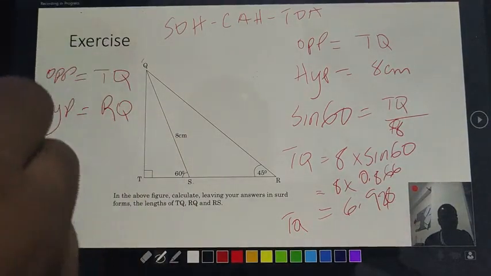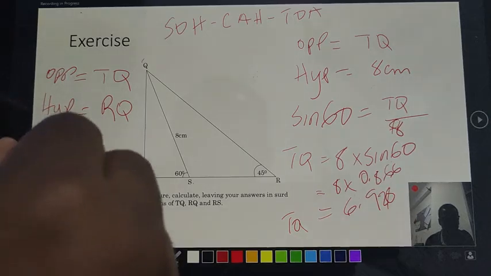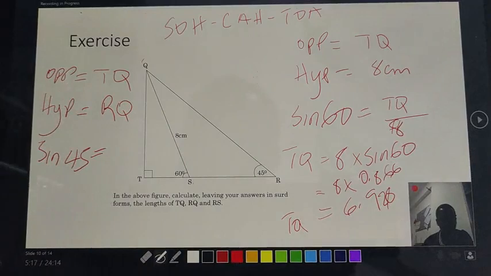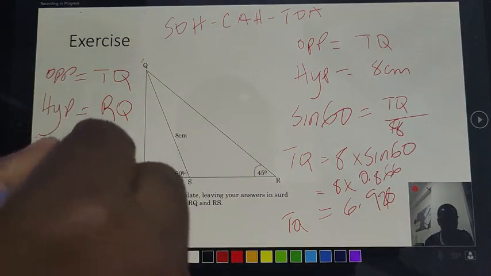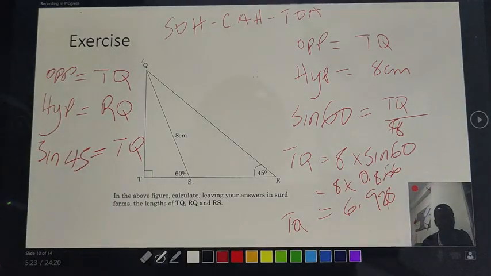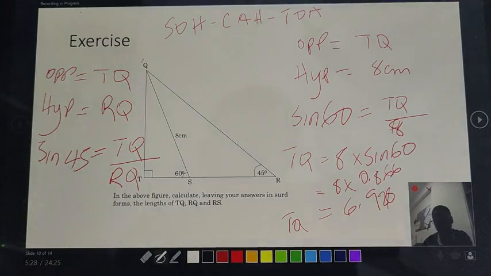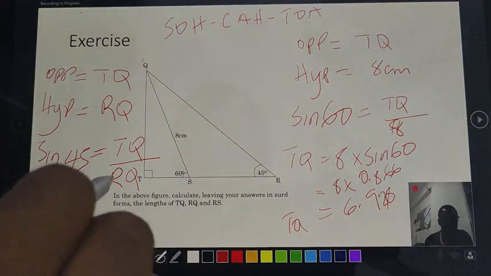Here we still use sine. Sine 45 is equal to opposite, which is TQ, over hypotenuse, which is RQ. Now you make RQ the subject of the formula.